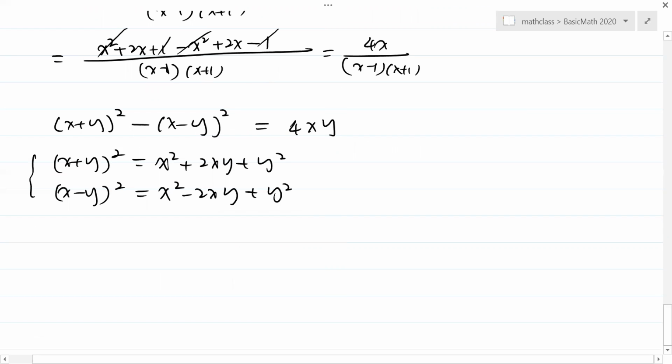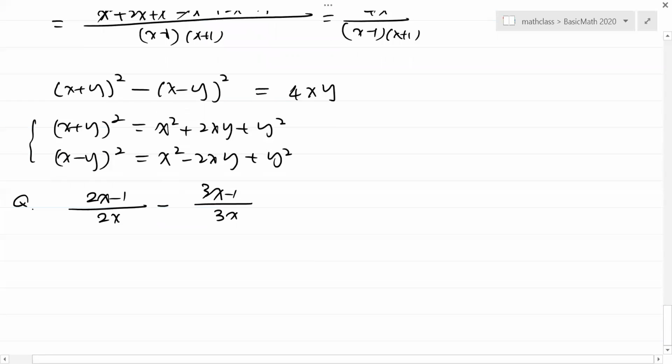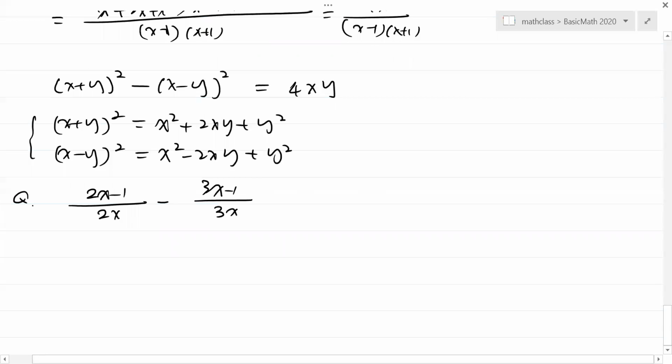All right. Let's go back to a little bit simpler problem. 2x minus 1 over 2x, minus 3x minus 1 over 3x. Okay, so let's work out this.